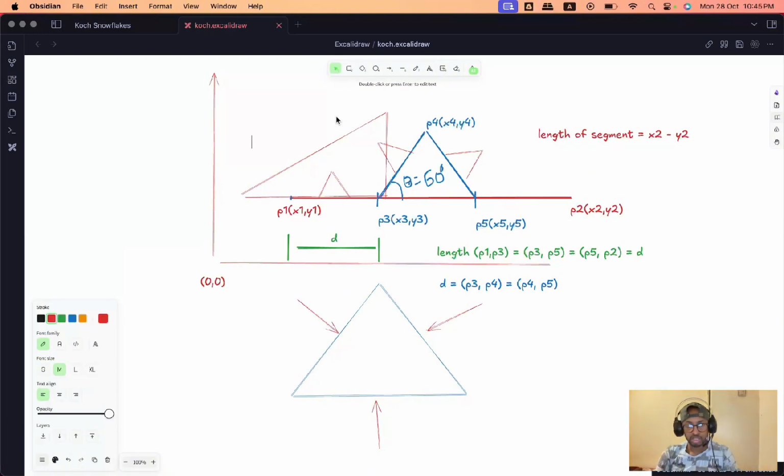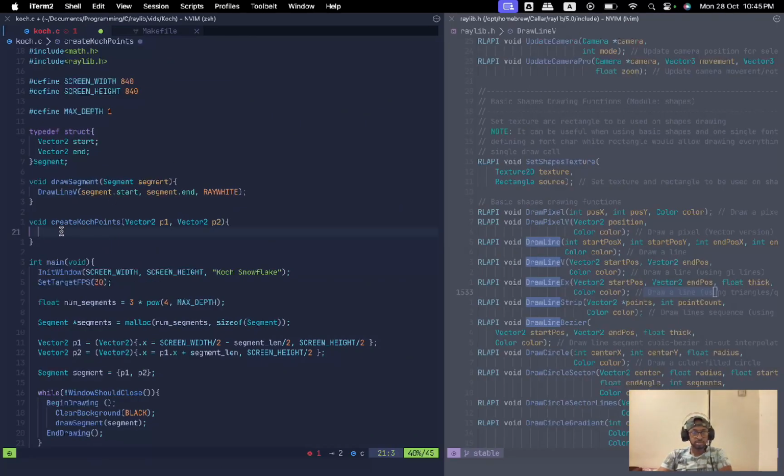If this is d, then d is the square root of a squared plus b squared. So let's come here, we have our Koch P1. Let's find the hypotenuse, which will give us the length of the segment. Let's call it hypotenuse for now.